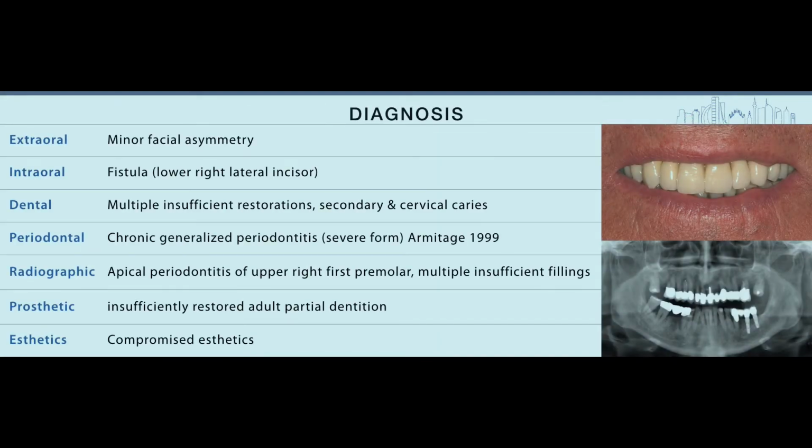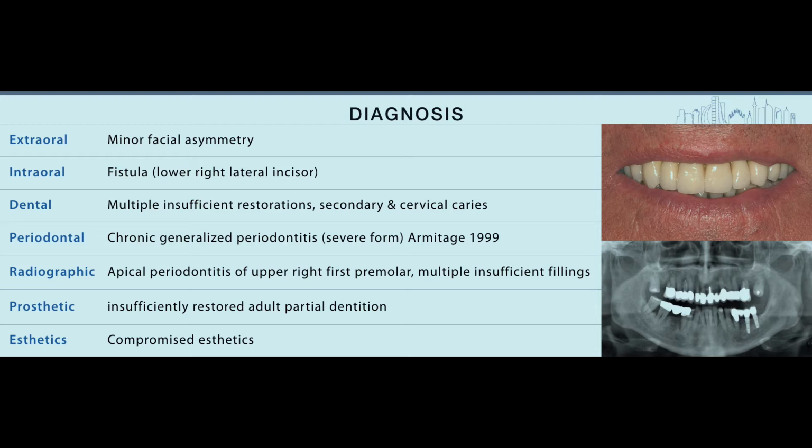And of course, after collecting all this information, we have to set a diagnosis, and these are only bullet points that denote the major findings that we have observed. Extraoral, minor facial asymmetry. Intraoral, we have a fistula in the lower right lateral incisor, multiple insufficient restorations, and secondary and cervical caries.